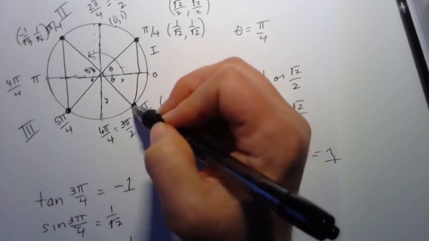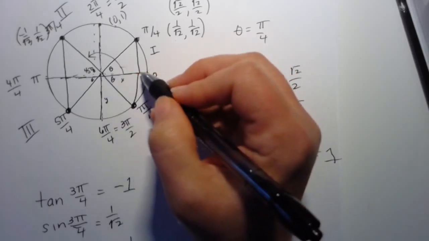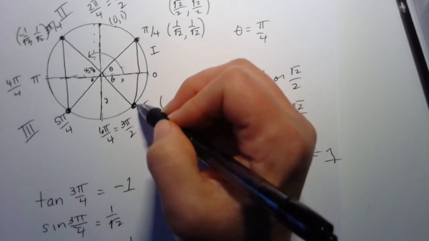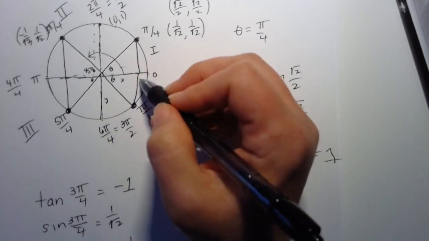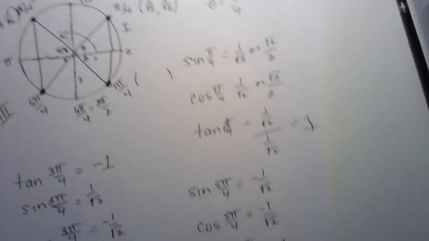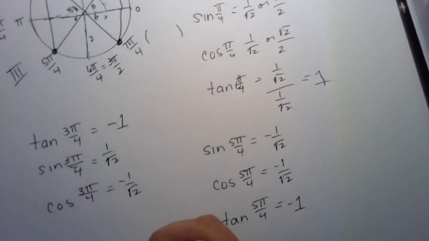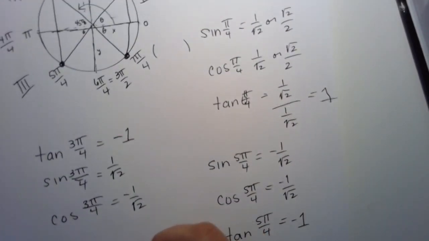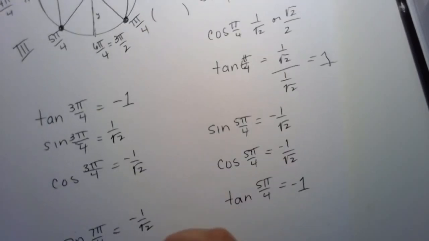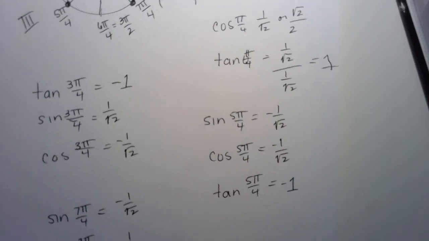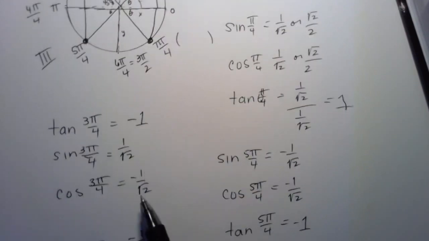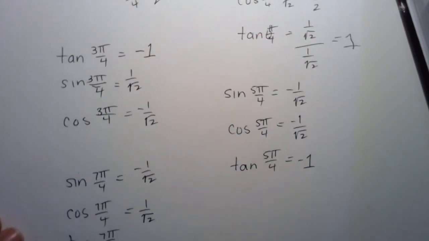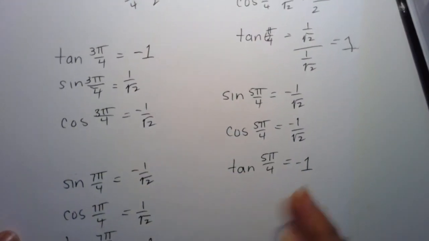So to get to this point, I would go in the positive direction for x and the negative direction for y. So this time my sine is negative because that is my y, negative 1 over the square root of 2. And just like my 3 pi over 4 where they were opposite signed, when I put one over the other, I get negative 1, okay?